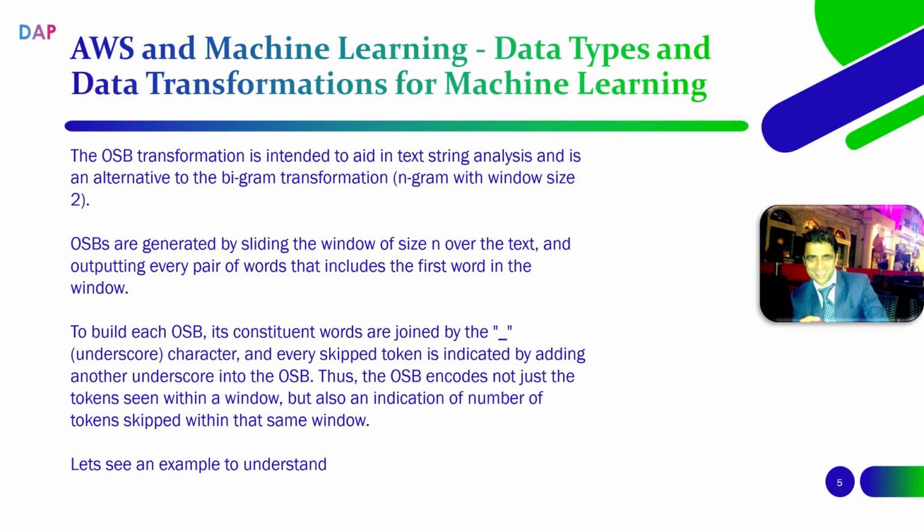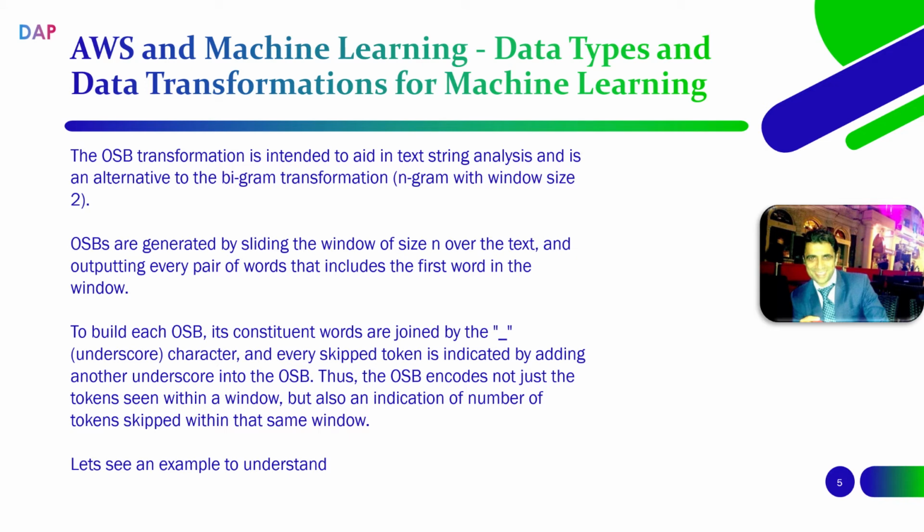I will give you an example, but let's first understand it. To build each OSB, its constituent words are joined by the underscore character.